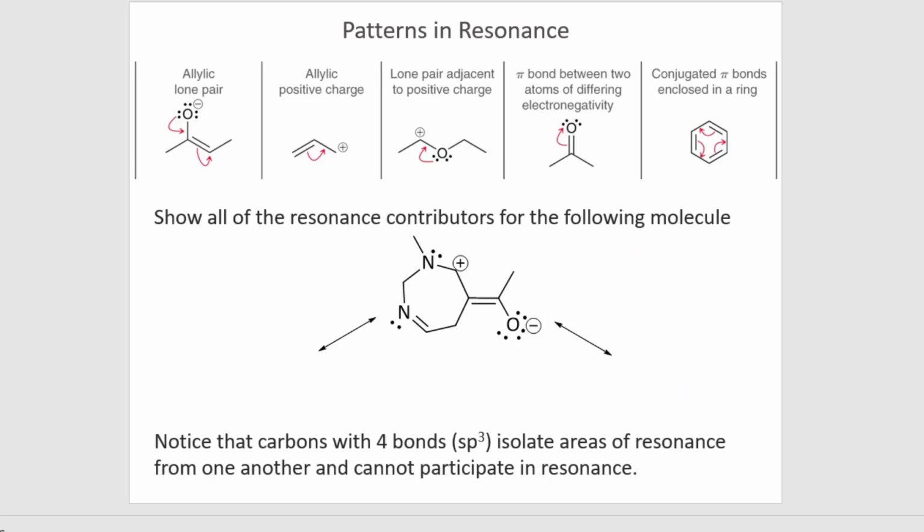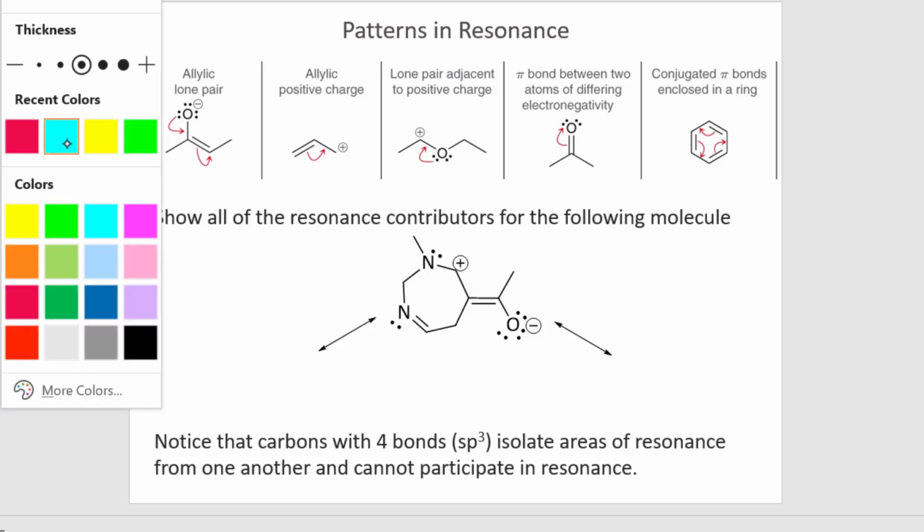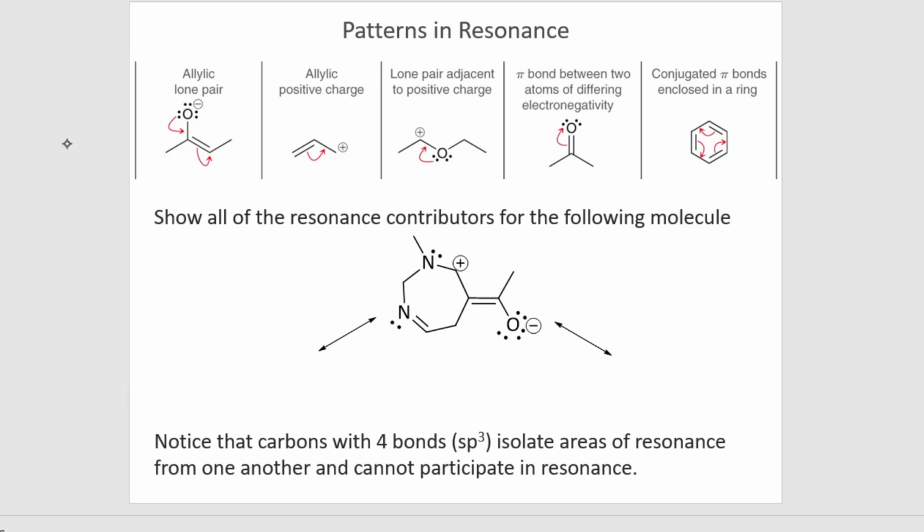Okay, this is the summary slide of what we just looked at, those 5 rules. How you identify when there's resonance, even though we're not telling you or saying so, we're just assuming you're an awesome chemist, and you can identify resonance patterns. First one, find an allylic position that has lone pairs. Second, find an allylic position that has a charge.